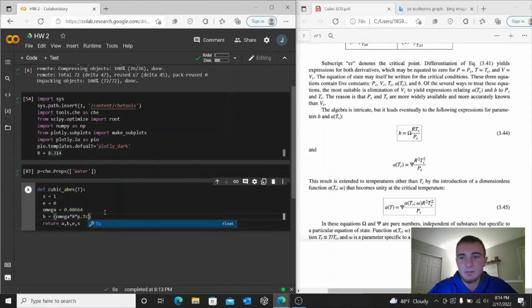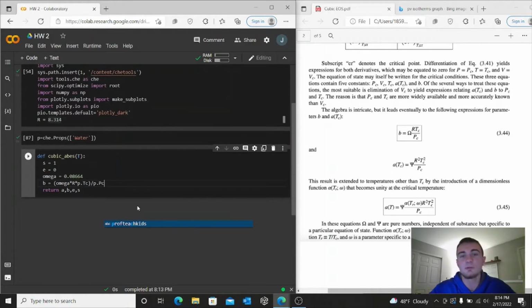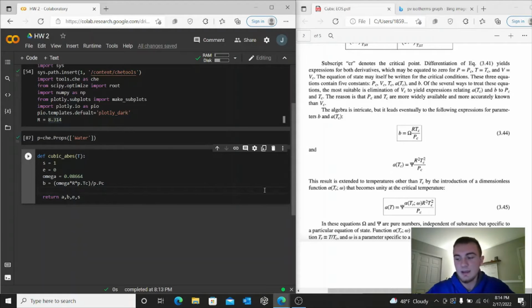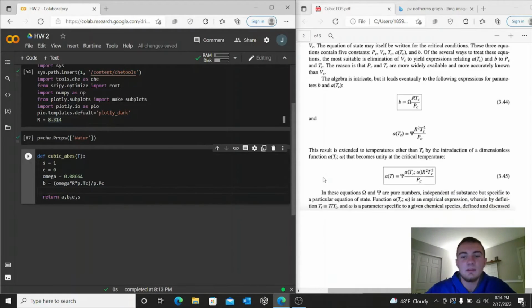So that will be multiplied by Tc, and then this entire thing is divided by P dot Pc, again the critical pressure. Okay, so that is our B parameter.